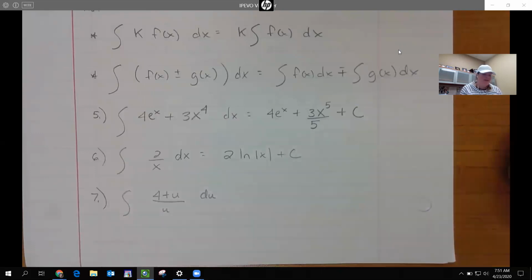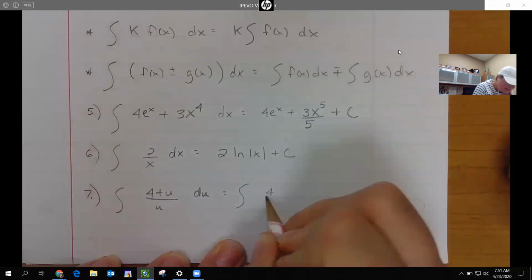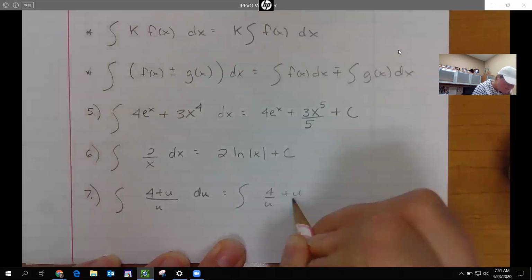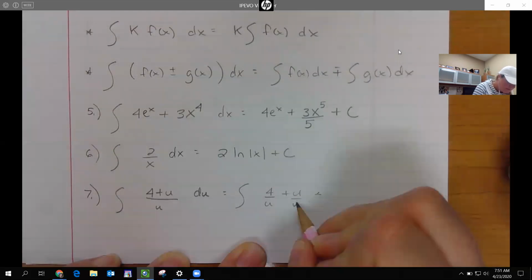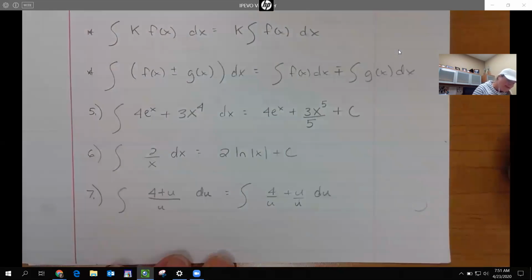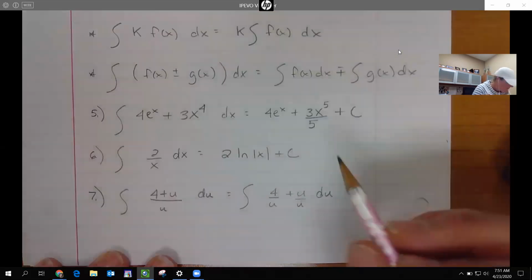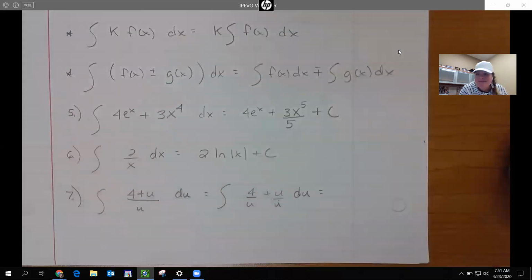But what we could do here is break it up. We can take that u and divide it into the 4 and the u, and then we're able to do the antiderivative. So this becomes 4 over u plus u over u du. So really that's going to become a 1. When we do the antiderivative, 4 over u is going to become, we can't have that -1 because it becomes a 0.